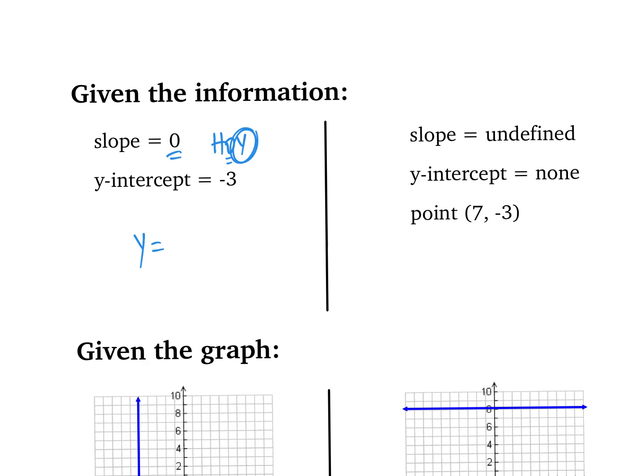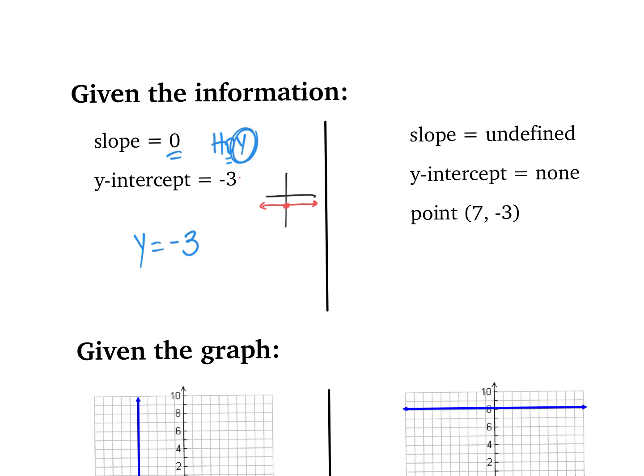Here it says the y-intercept is -3. If we think about what that would look like on a graph, -3 would be down here, with a slope of 0 is a horizontal line. So we can see that the y-intercept is the same thing as the y value of the graph. So my equation would actually be y equals -3.